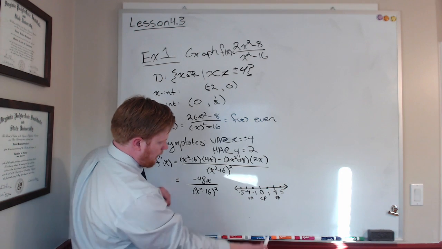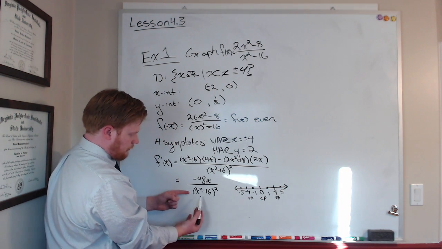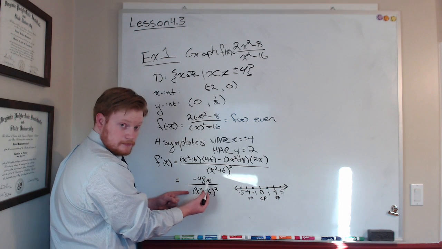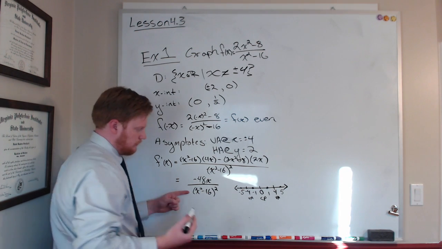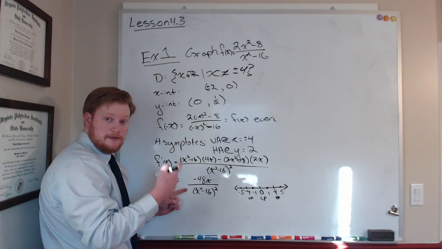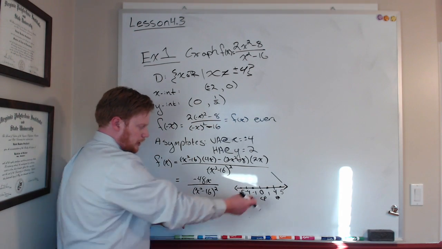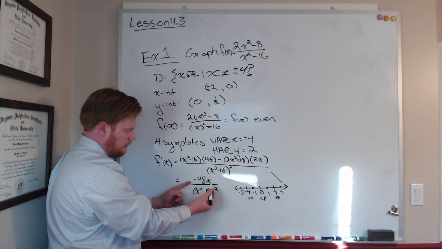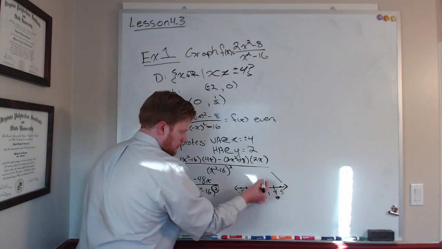Well, when we plug in 5 to my first derivative, the top is negative, and the bottom is always positive. Negative divided by positive is negative, so this is decreasing. When I plug in a 1, the top is negative, the bottom is always positive because of the square. So this becomes negative again.